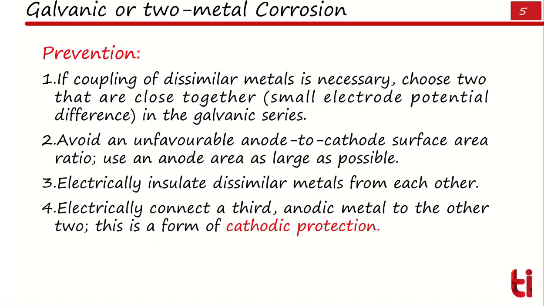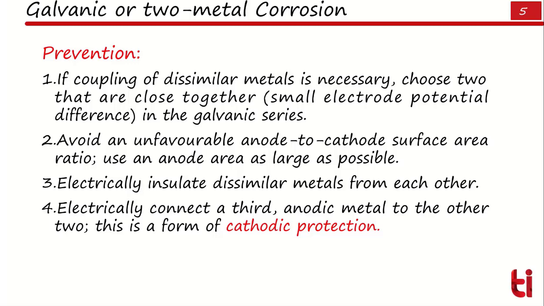Galvanic or two-metal corrosion can be prevented by the following means. The simplest and easiest one is, if coupling of dissimilar metals is necessary, choose two metals that are close together on the galvanic series.